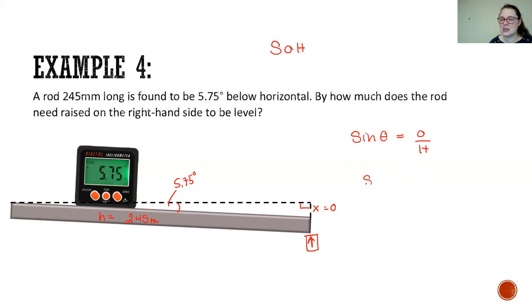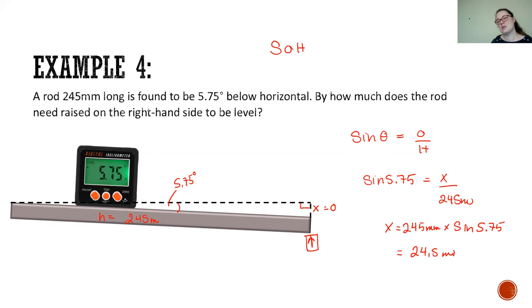Plugging in our number, the sine of 5.75 equals x over 245. So x is equal to 245 millimeters times the sine of 5.75 degrees. Plugging that into our calculator, we get 24.5 millimeters.